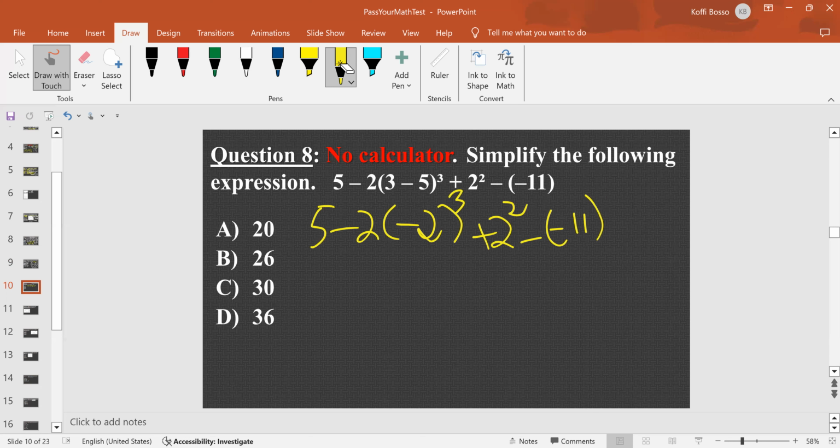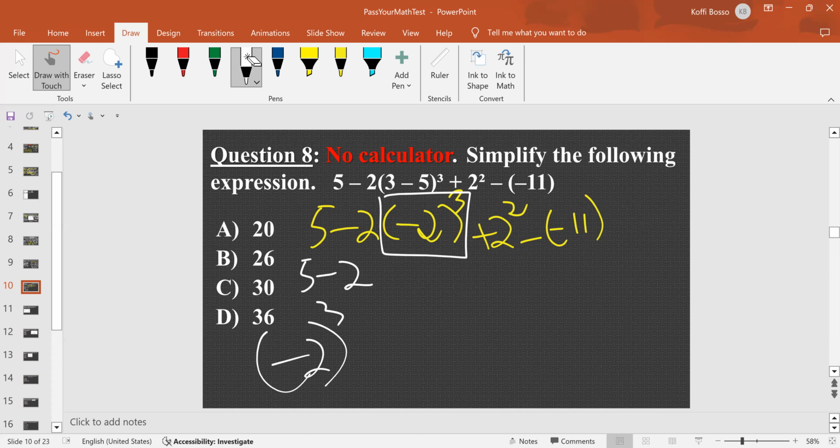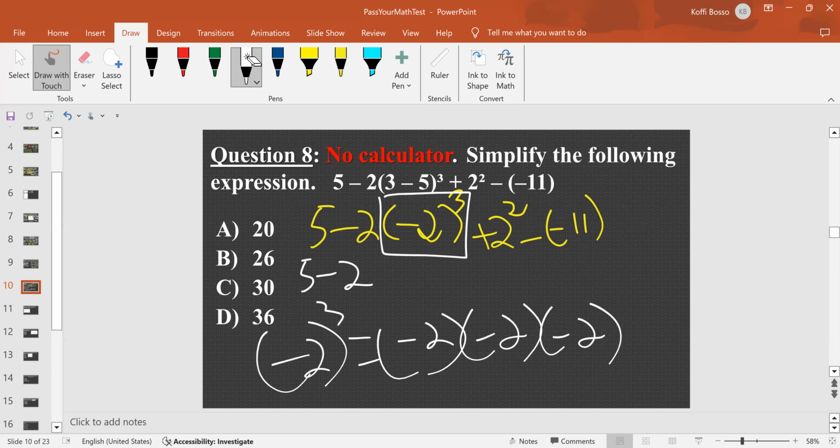Okay, the next thing is to do any exponent. So you're going to have a 5 minus 2. So this negative 2 raised to the third power means take a negative 2, multiply by the same negative 2, and repeat this 3 times. So negative 2 times negative 2 is positive 4.